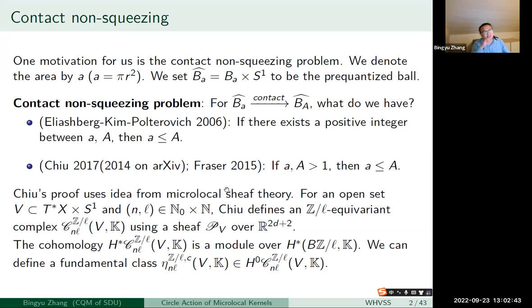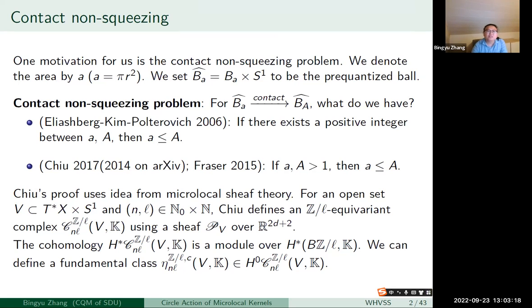The idea is that Chiu constructs another kind of closed string invariant, like symplectic homology or contact homology, using microlocal sheaves, specifically for an open set here. For an open set, we can construct the Z mod L equivariant invariants using a sheaf over X squared times R squared.